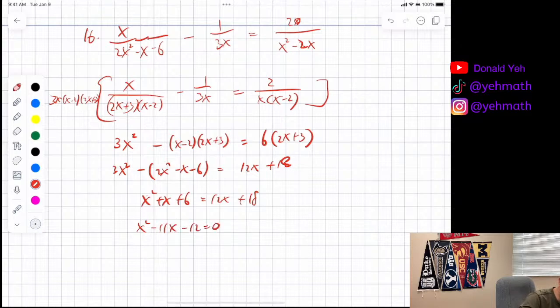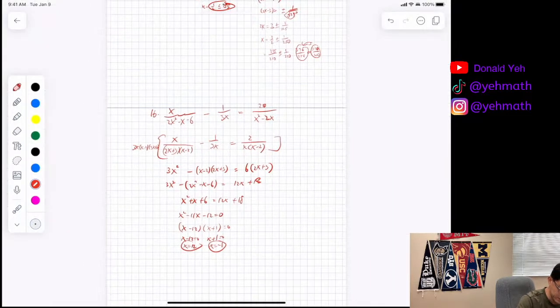Yeah. And that's x minus 12, x plus 1. x minus 12 equals 0, x equals 12. x plus 1 equals 0, x equals negative 1. So there are 2 answers.